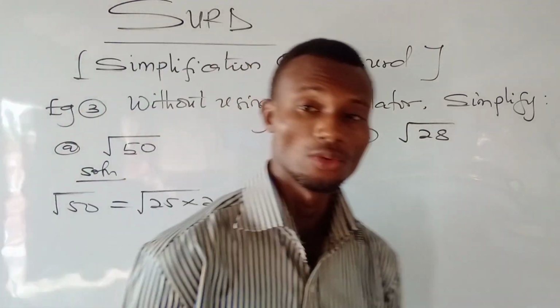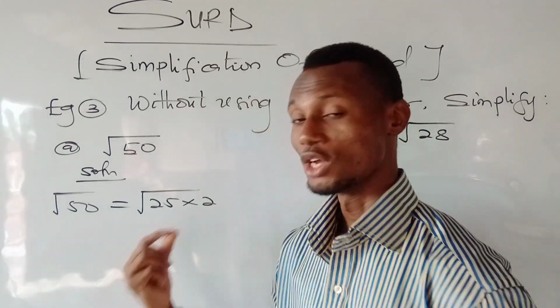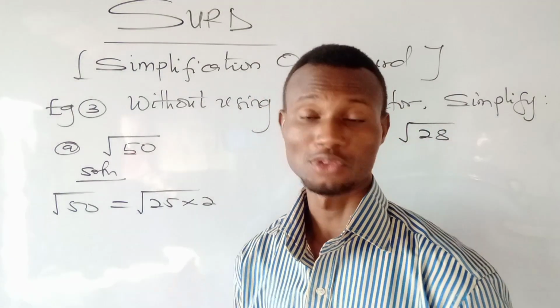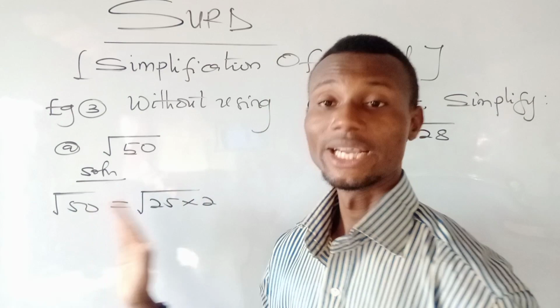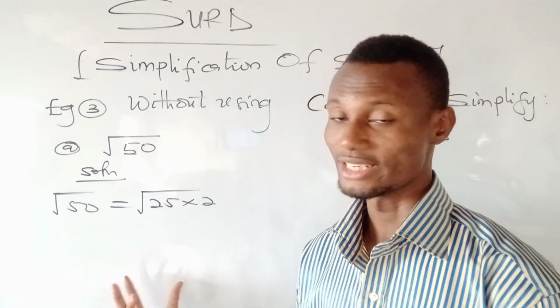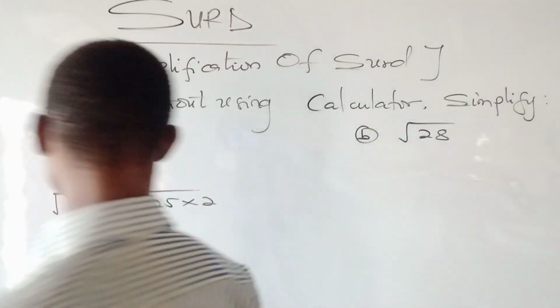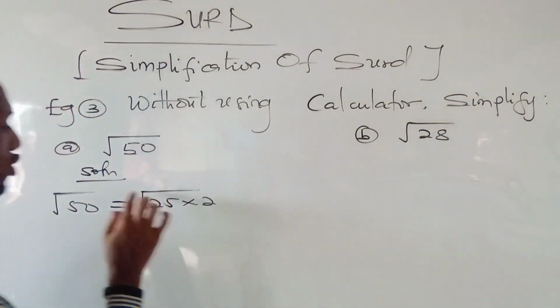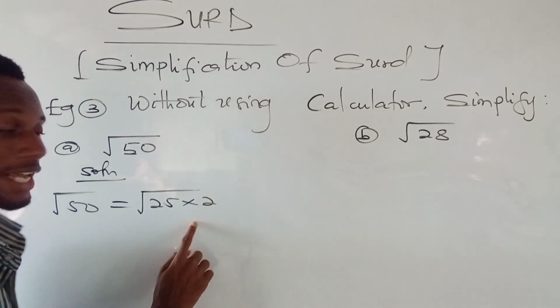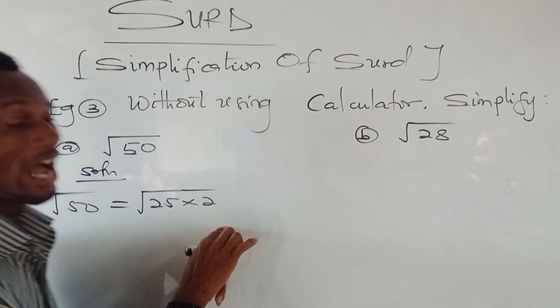Now, 2 times 25 is the same as 25 times 2. When you interchange them, it's the same thing. Multiplication is commutative, it doesn't change anything. Let's go ahead and simplify further. I explained to you that the square root affects everything here, so the square root will affect the 25 and also the 2.